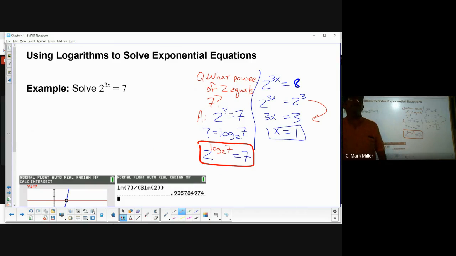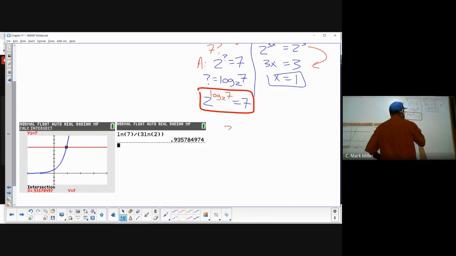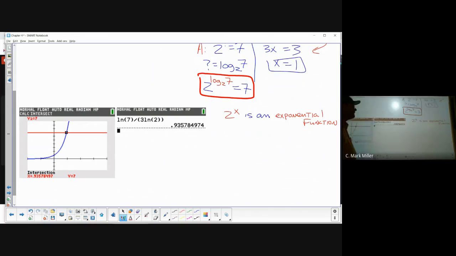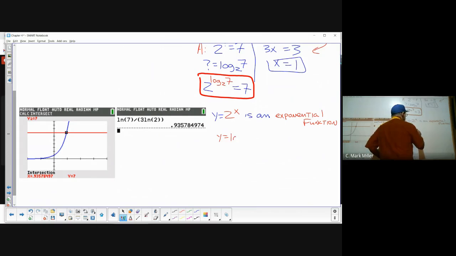I'm going to say that again. 2 to the x is an exponential function, right? We've had that a week and a half ago. Log base 2, y equals log base 2 of x is its inverse.